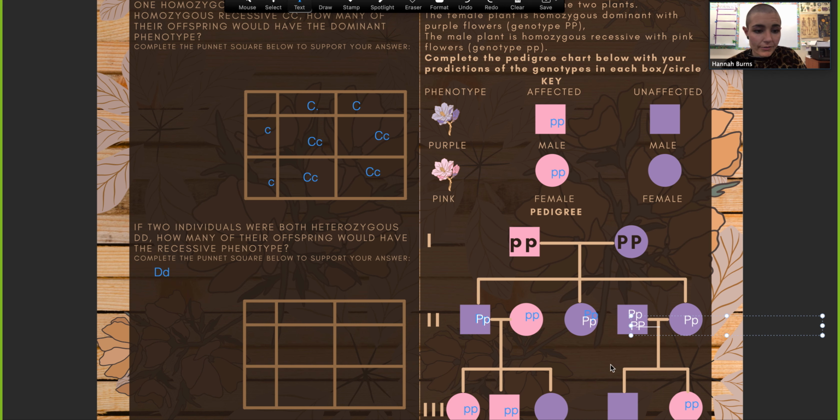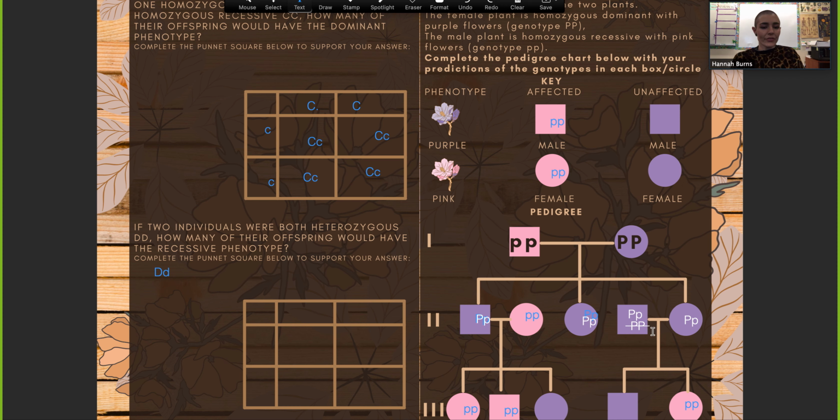So we'll cross off the homozygous dominant. So that one's definitely going to be heterozygous dominant.